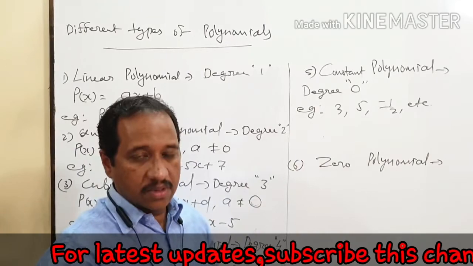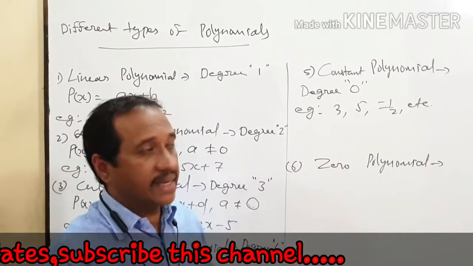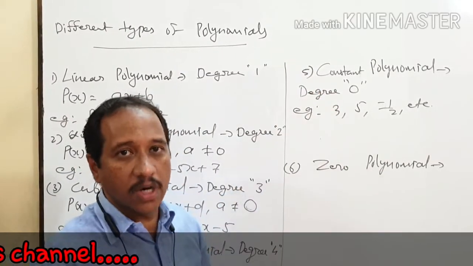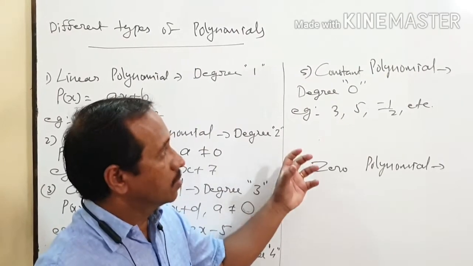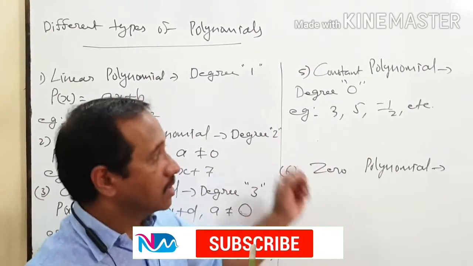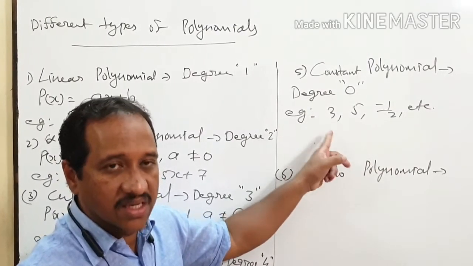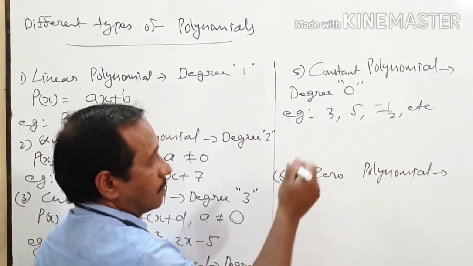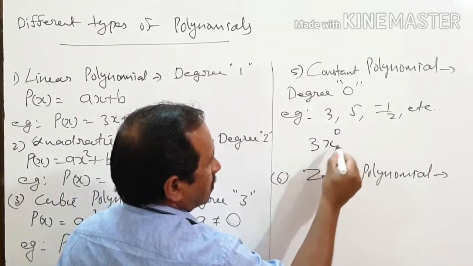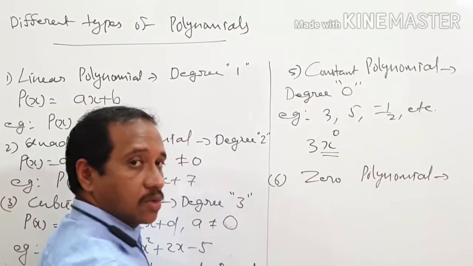Every real number, whether it is rational or irrational, can be considered as a constant polynomial. A constant polynomial means degree is 0. Here 3 is a constant polynomial because we can write 3 with a variable x and power 0.